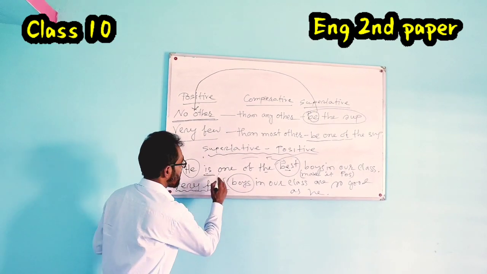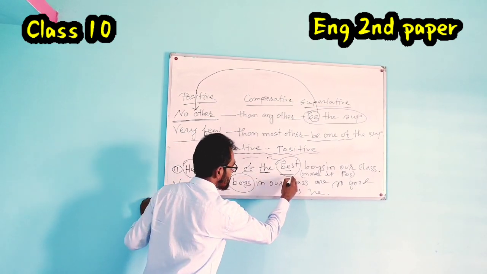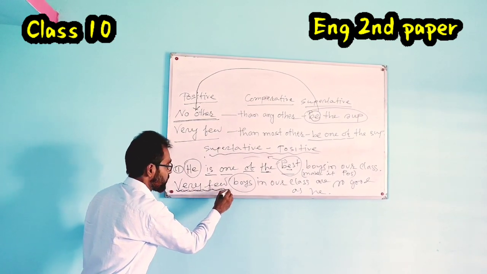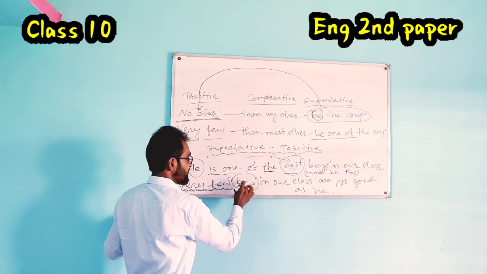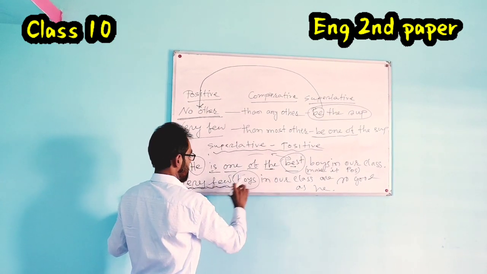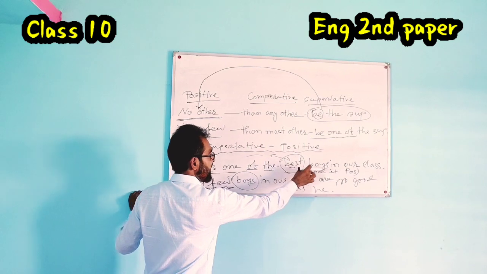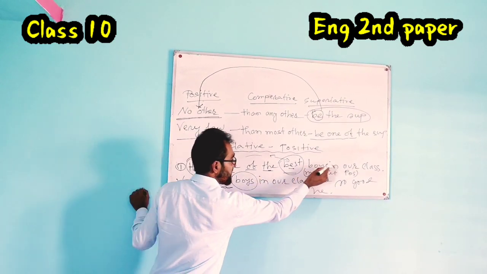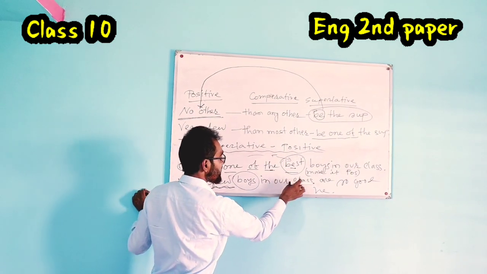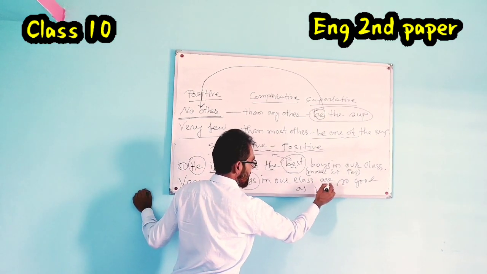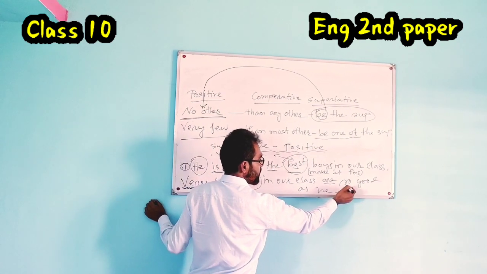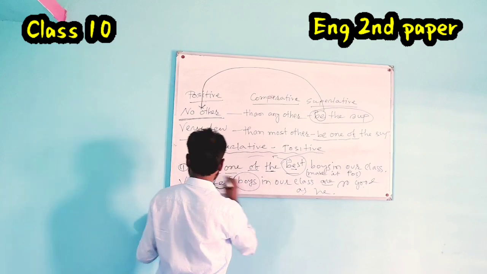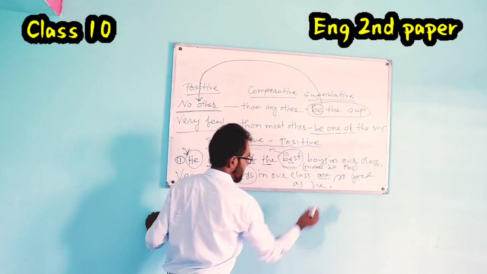That is why we need very few. Then we need the last portion of the sentence after the degree, boys in our class. Then we need the verb are. Then so, then the positive form, then as, and then the subject he.